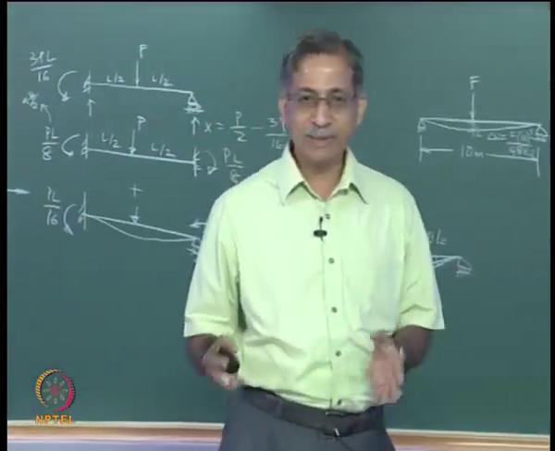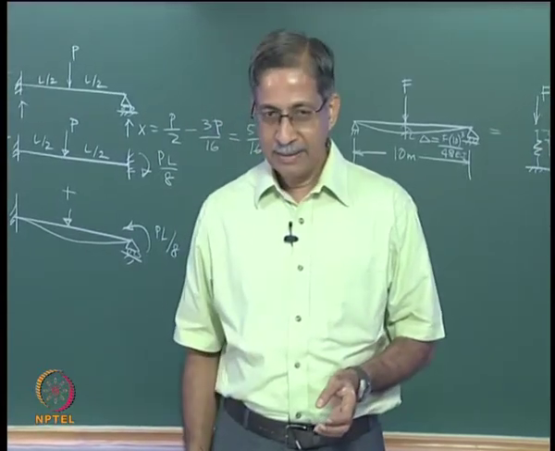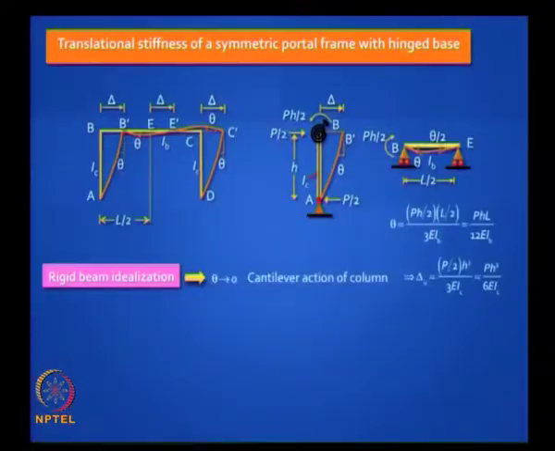So you have an expression for theta, and if you take the rigid beam idealization, do you agree to this? Cantilever action of the column, you get delta naught equal to this quantity which we just derived, right. Now let us say theta is not equal to 0. In reality it will not be equal to 0, because the beam is not infinitely rigid.